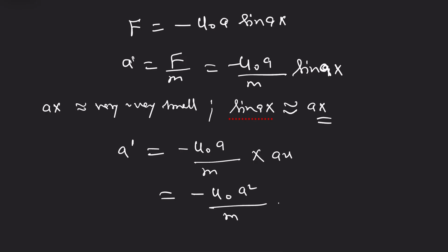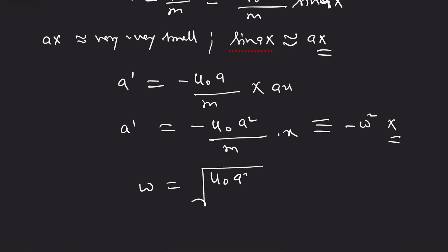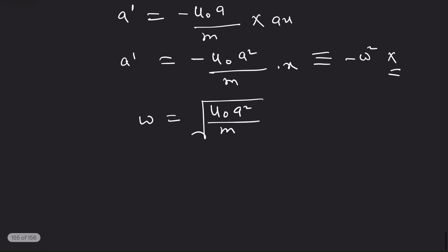Acceleration is given by this, and it can be compared with the SHM relationship. So we can say omega is nothing but under root of U naught a square divided by m.